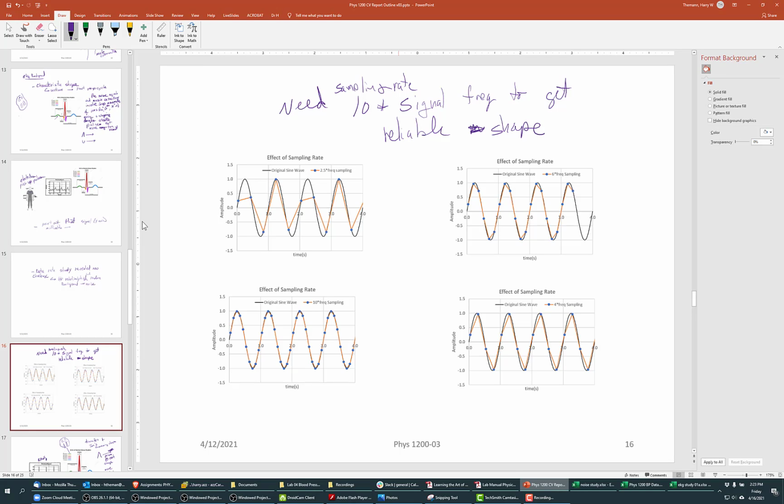If I sample, let's say the sine wave is 1 hertz, at 2.5 hertz, or 2.5 times the signal frequency, you see that these orange lines are not really that great. And we have the luxury of having a precise sine wave.